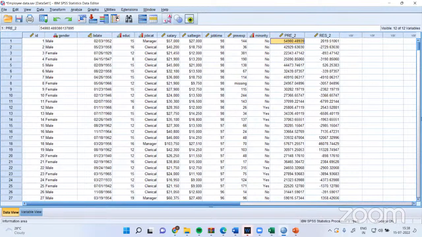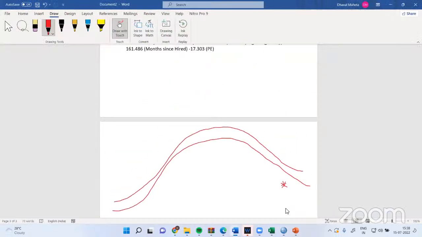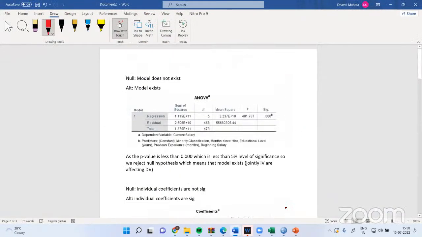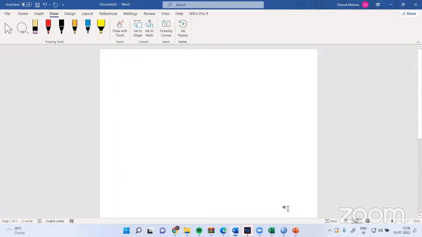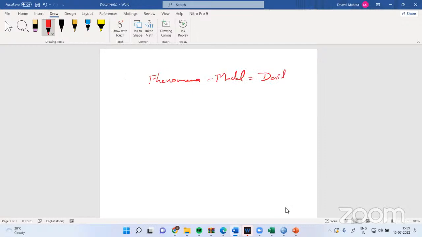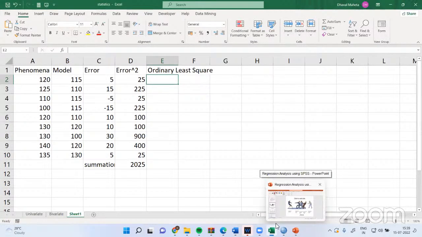Okay. So I will again go back to ground zero, from where we started our entire story, right? What was our story? That there is the phenomenon, there is a model, and there is a devil, the error term. And we want the error to be normally distributed, which we had seen here. Okay.